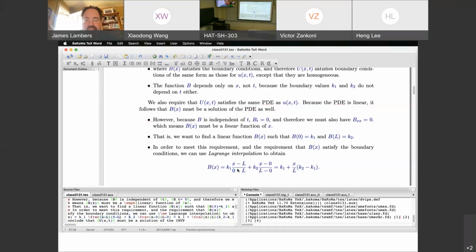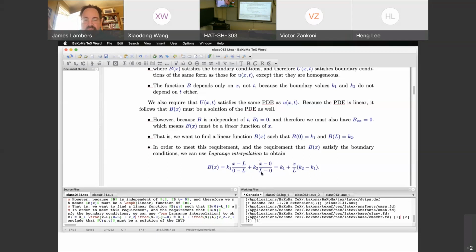So the idea is, since I want to have this value at 0, I have x minus the other point, and then I have 0 minus the other point. I want k2 when x equals L. So then I'll have x minus the other point, which is 0, and then L minus the other point.